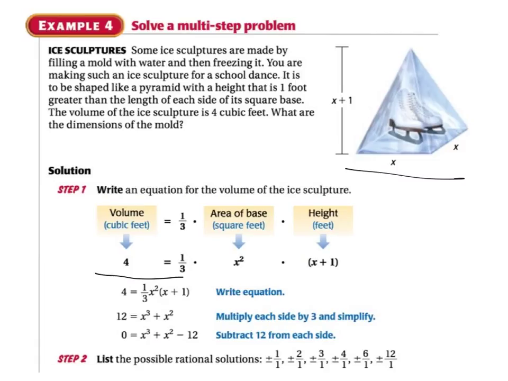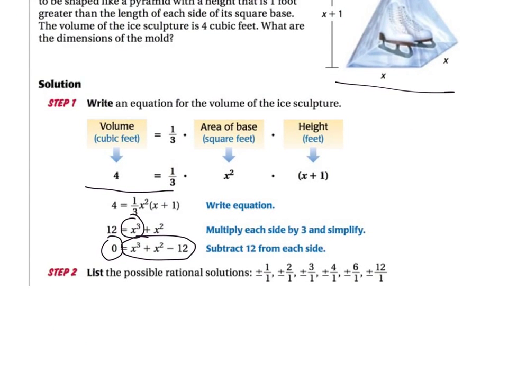And you're going to be working with volume so that you end up with an equation that is at least third degree. So that when you write it into standard form, set it equal to 0, you're going to end up with a polynomial function that you will have to use the rational zero theorem on in order to find your zero. So you have to test these, see which one actually works, and then you can solve for your x.